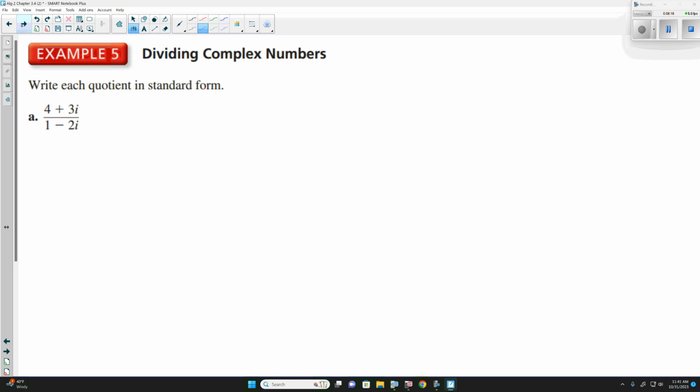Now, we need to write this in standard form. Standard form does not have i in the denominator. Now, y'all can go on and try typing these into the graphing calculator because we can do alpha y equals enter to get our fraction. Then do 4 plus 3i over 1 minus 2i.